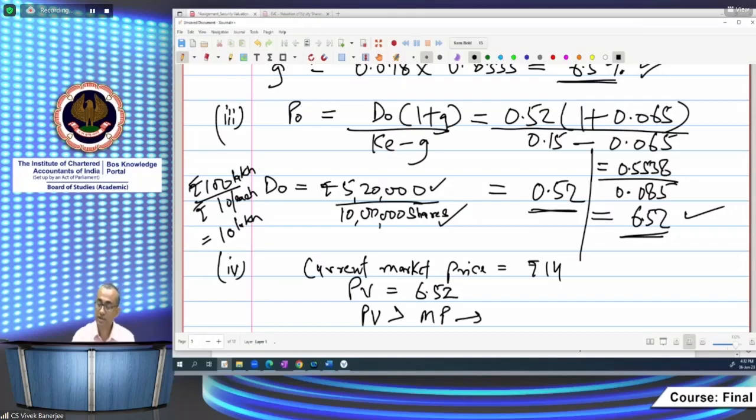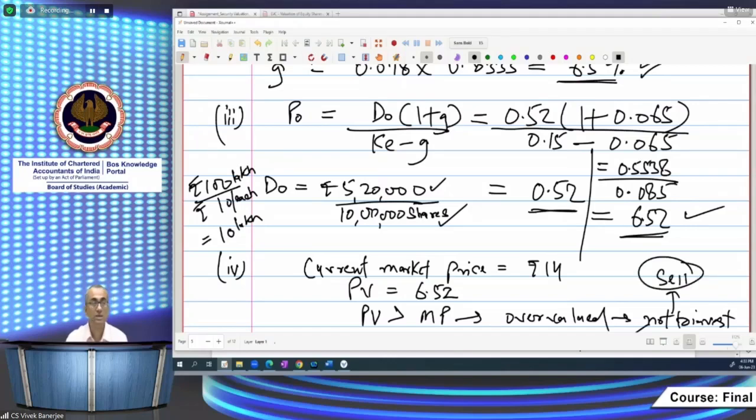Therefore, it is overvalued. And when the shares are overvalued, the decision is not to invest, or sell. If you are holding it, then sell it.